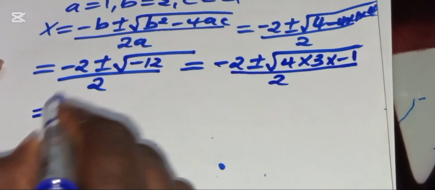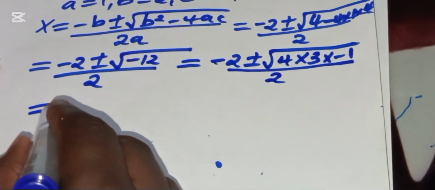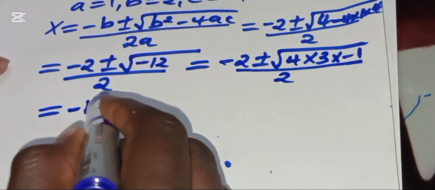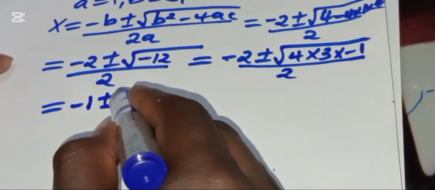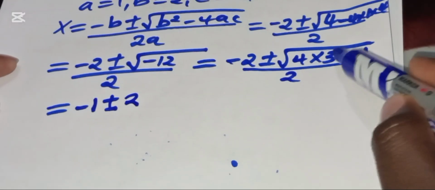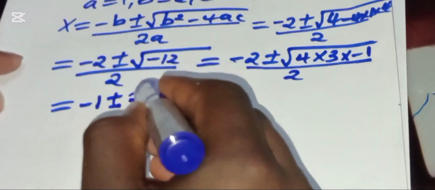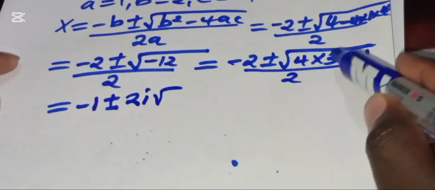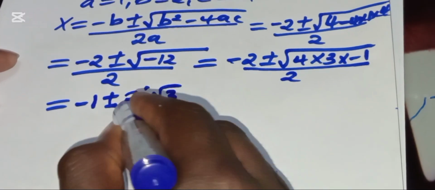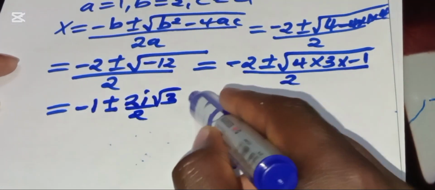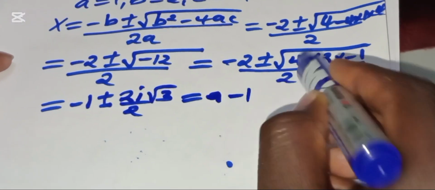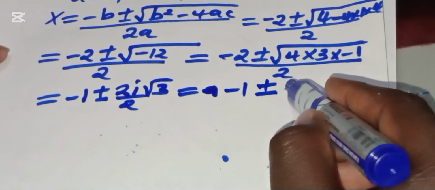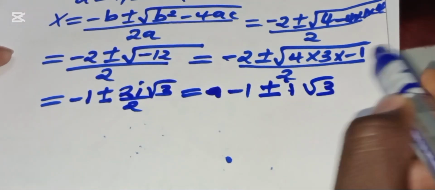So we'll have negative 2 divided by 2, this is negative 1, plus or minus the square root of 4 is 2, so this is 2, square root of -1, this is i, square root of 3, divided by 2, so that we have -1 plus or minus i square root of 3.